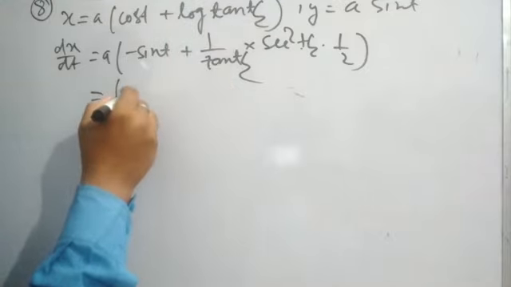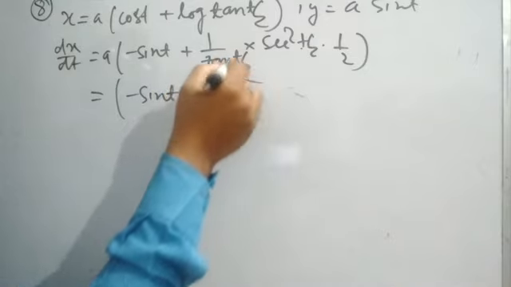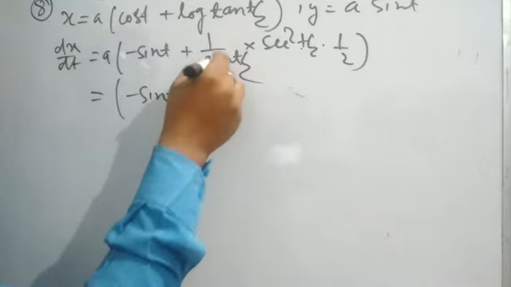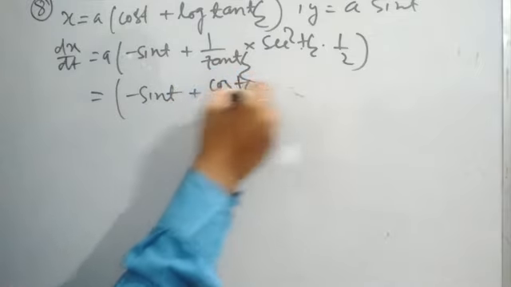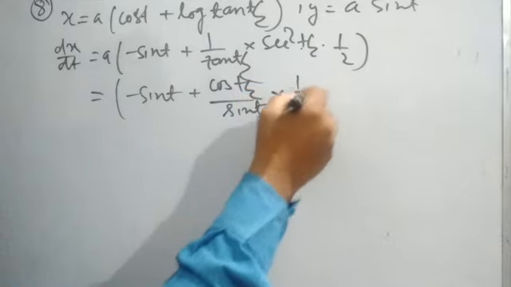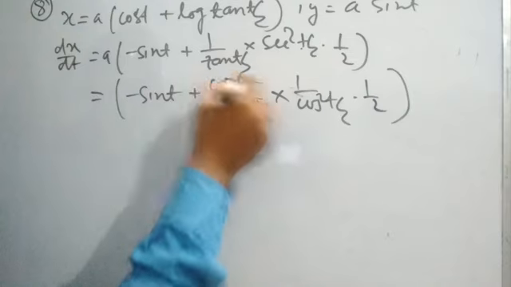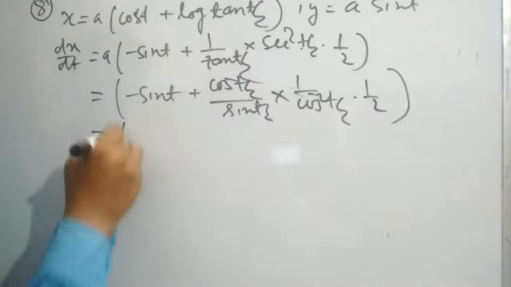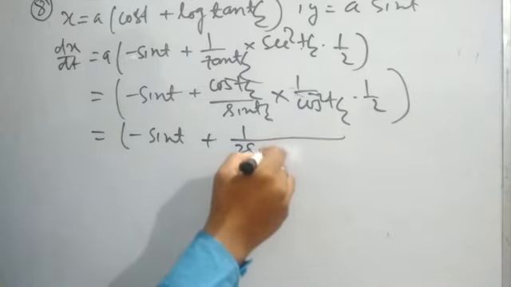So that is minus sin t, and split tan(t/2) as sin(t/2) over cos(t/2). Then cos(t/2) comes in the numerator, over sin(t/2), into 1 by cos²(t/2), into half. The cos cancels, so it is equal to minus sin t plus 1 by 2 sin(t/2) cos(t/2), which by the sin 2t formula is 1 by sin t.